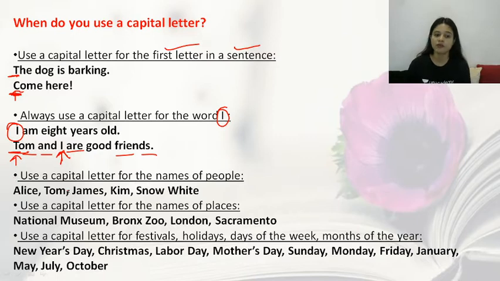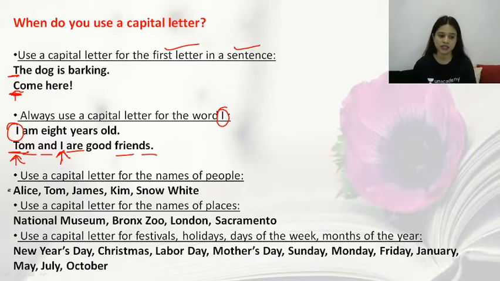Now, we also use capital letters when we are talking about names. For example, Tom here is capital for two reasons. One, because it's the first letter of somebody's name. Second, because it's the first letter of the first word in the sentence.